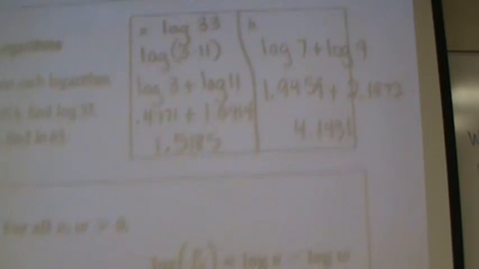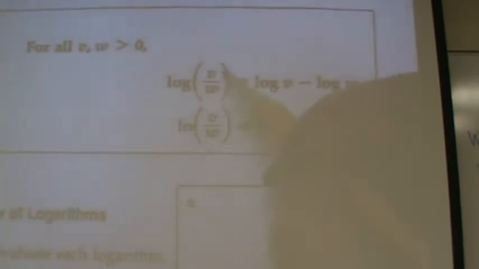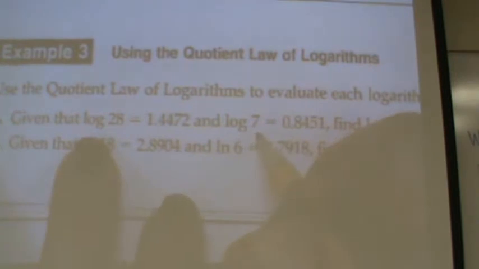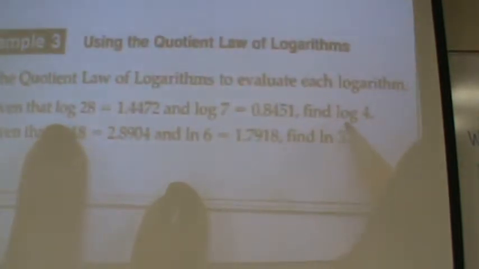Okay, the next law is the quotient law. The quotient law says if you have a fraction, a quotient, what you do is subtract them. It's the numerator minus the denominator. So very easy here. They give you the log of 28, they give you the log of 7. Well, now they want you to find the log of 4.